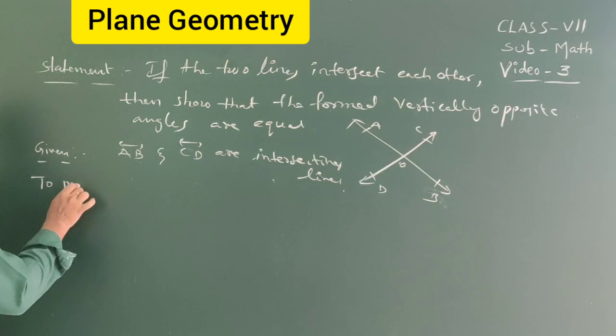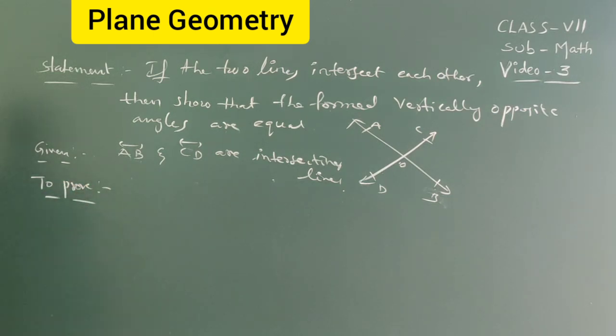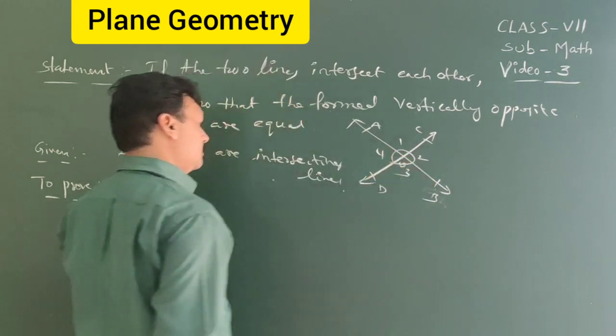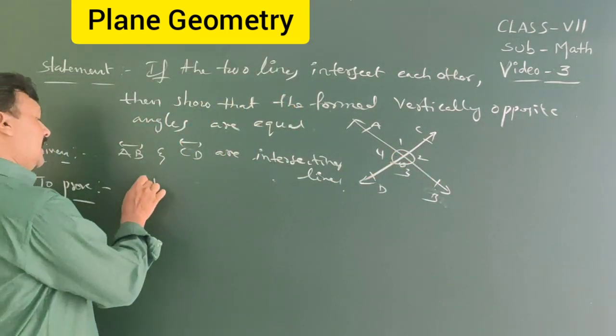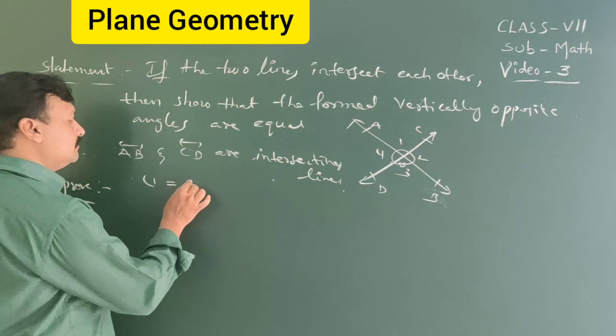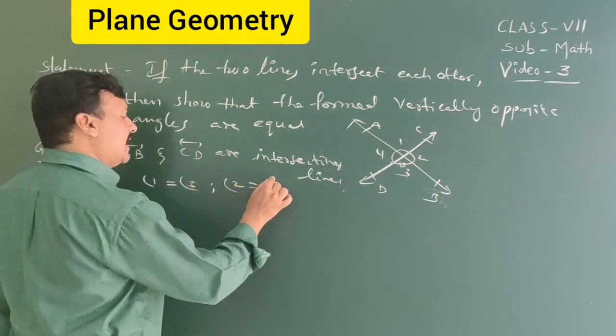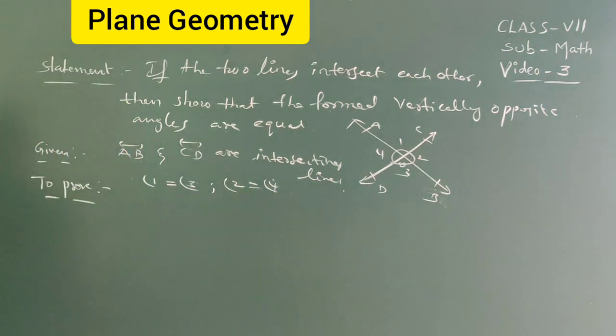To prove, the conclusion: what we need to prove? Here four angles are found, 1, 2, 3, 4. We need to show angle 1 equal to angle 3 and angle 2 equal to angle 4. We need to prove this one.